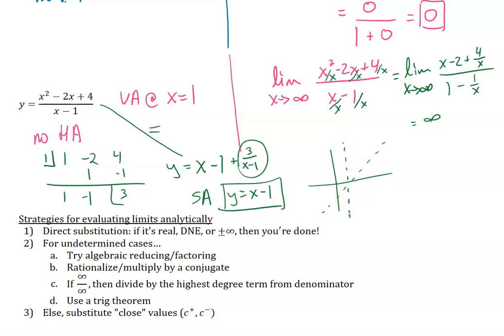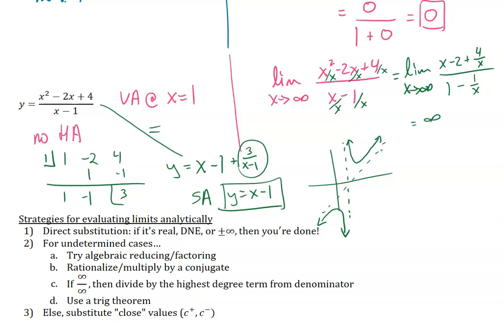This function is going to curve into these asymptotes, I believe here and here. Here, we are still approaching infinity as x approaches infinity, but the further we get, the smaller and smaller this remainder piece gets, and that's why the curve gets closer and closer to the line y equals x minus 1.